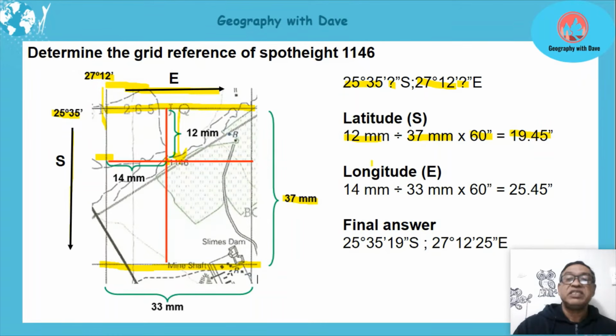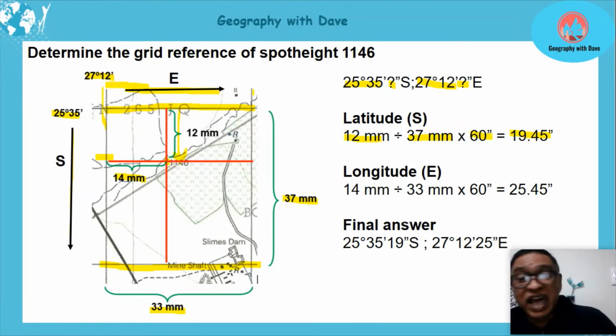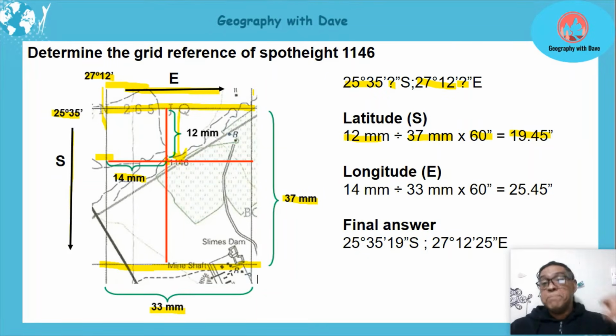Now, when we want to see where the point is in terms of longitude, we know it is 12, but it's not on the 12 line. It's 12 something. So we measure from there to the dot. In this case, I gave it the measurement of 14 millimeters. As I said, this has been exaggerated. Now, the size of the block is 33 millimeters from 1 minute to the next, so the 33 millimeters covers 1 minute.